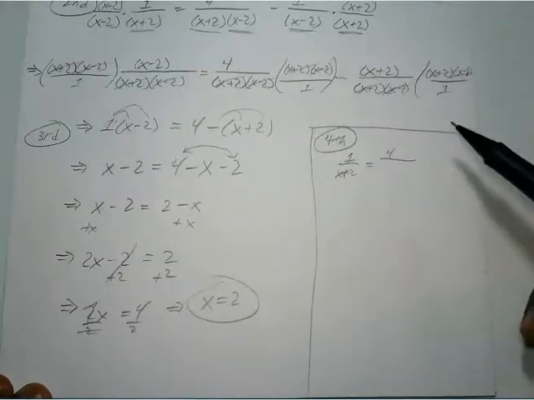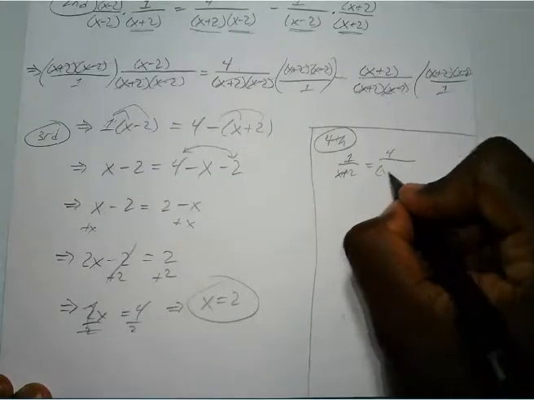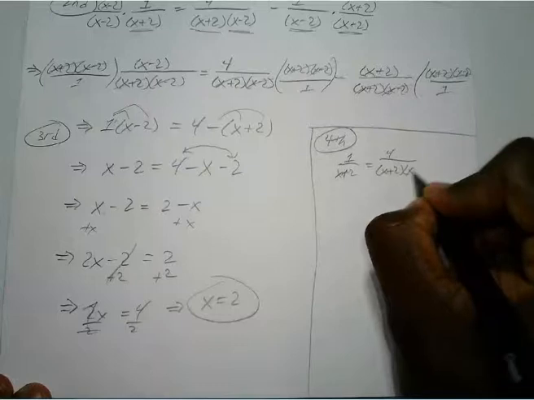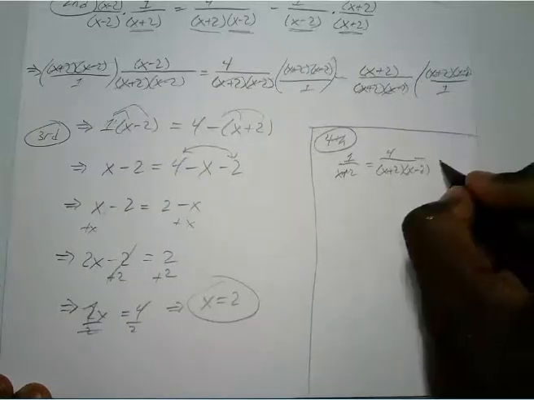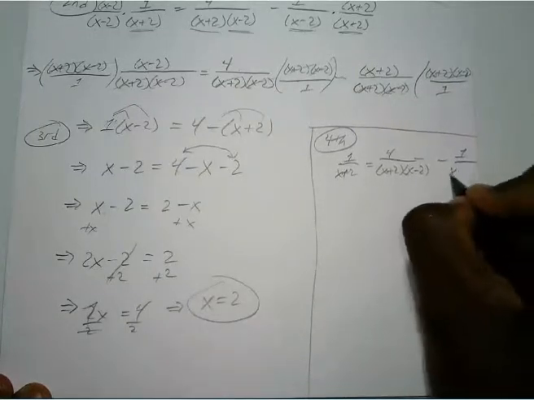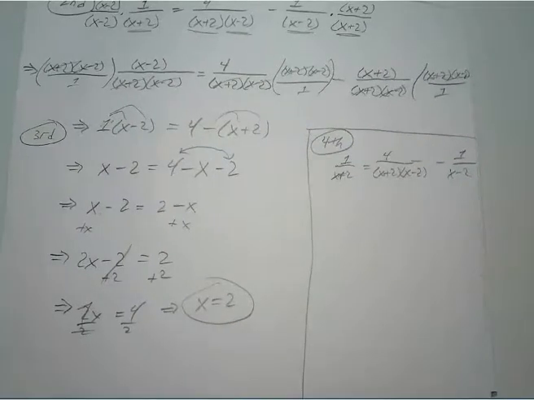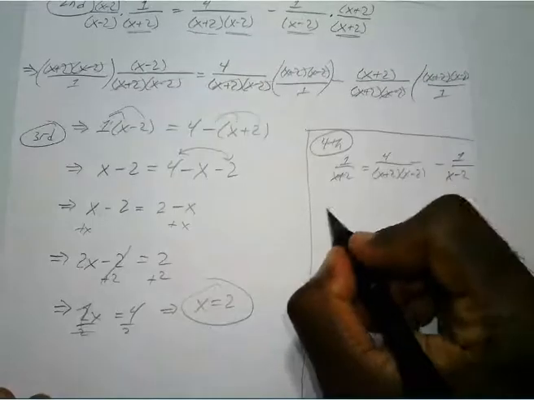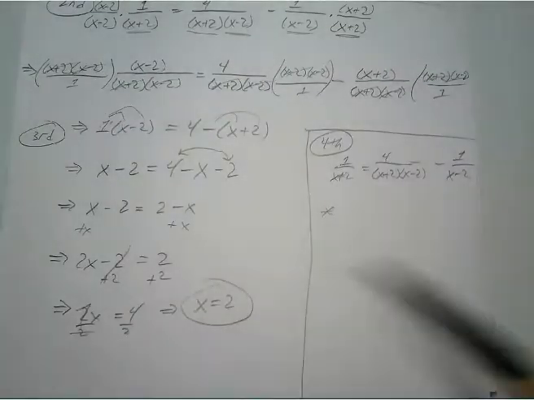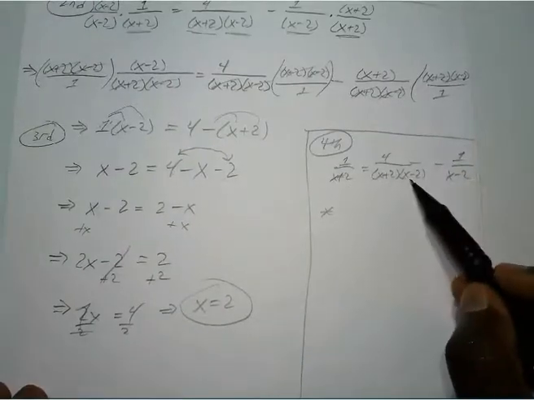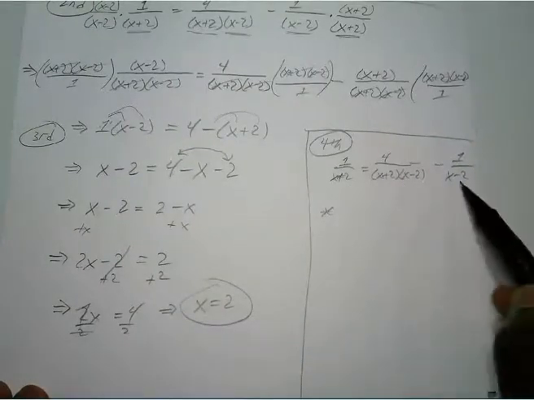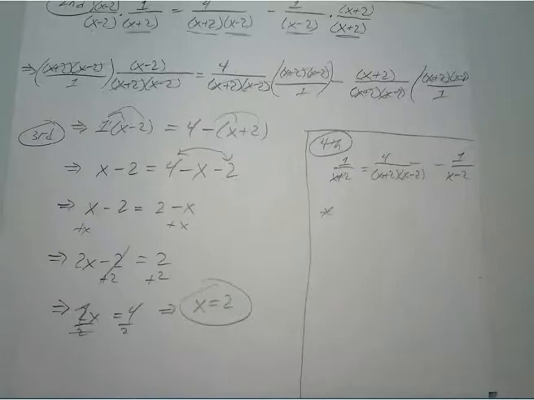And instead of x squared minus 4, I'm just going to make it x plus 2, x minus 2, minus 1 over x minus 2. And you'll see here that if you plug in x equals 2, you will get a denominator of 0 here and a denominator of 0 there. It doesn't have to be all denominators of 0. If you have just one denominator of 0, you cannot use that solution.